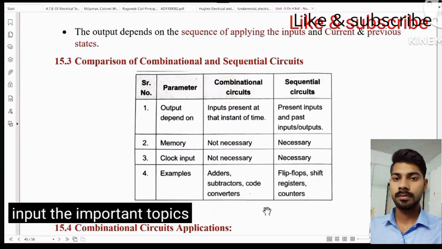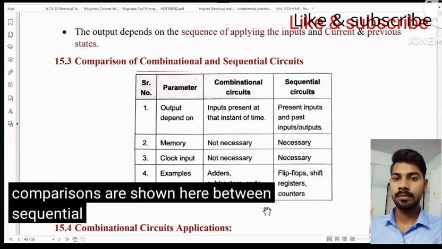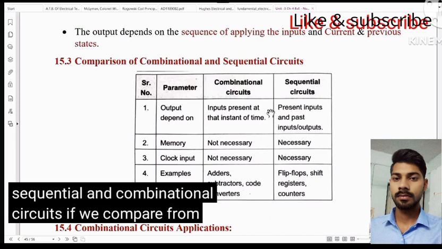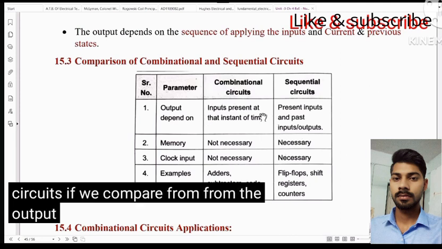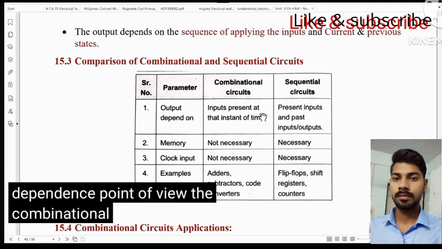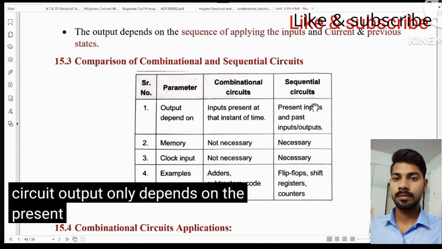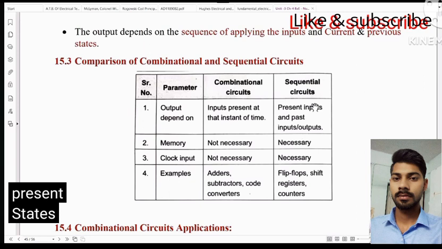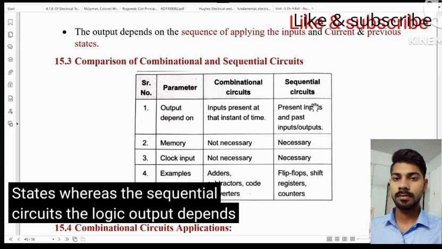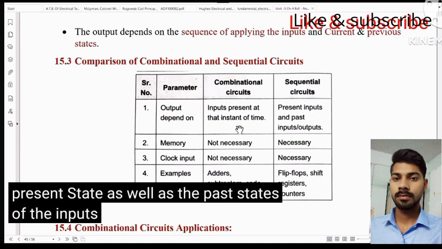The important topics of comparison are shown here between sequential and combinational circuits. If we compare from the output dependence point of view, the combinational circuit output only depends on the present states, whereas in sequential circuits, the logic output depends on the present state as well as the past states of the inputs and outputs.